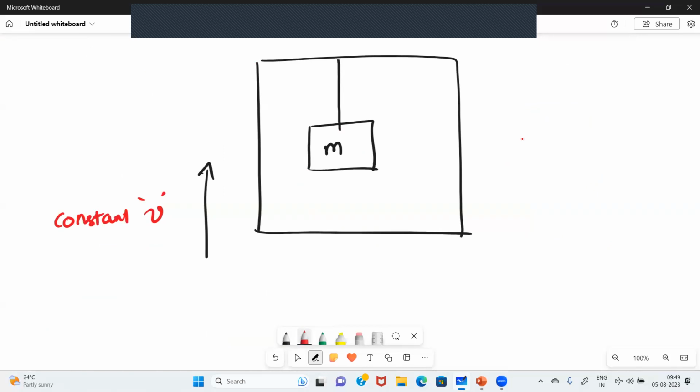Yes, you want to try? Now, can you write the equations for the case where acceleration will be 0? Which will be mg? No, what is mg? Tell me the equation. Okay.